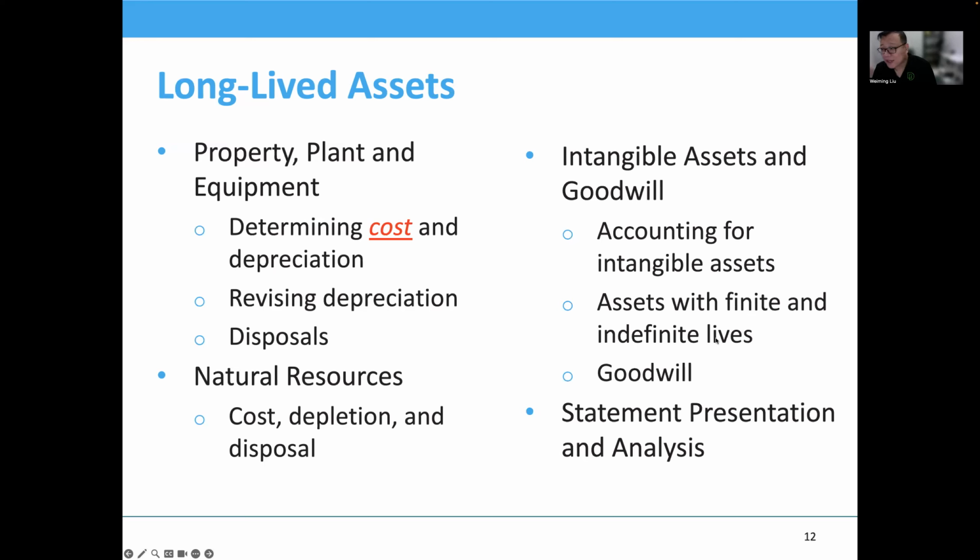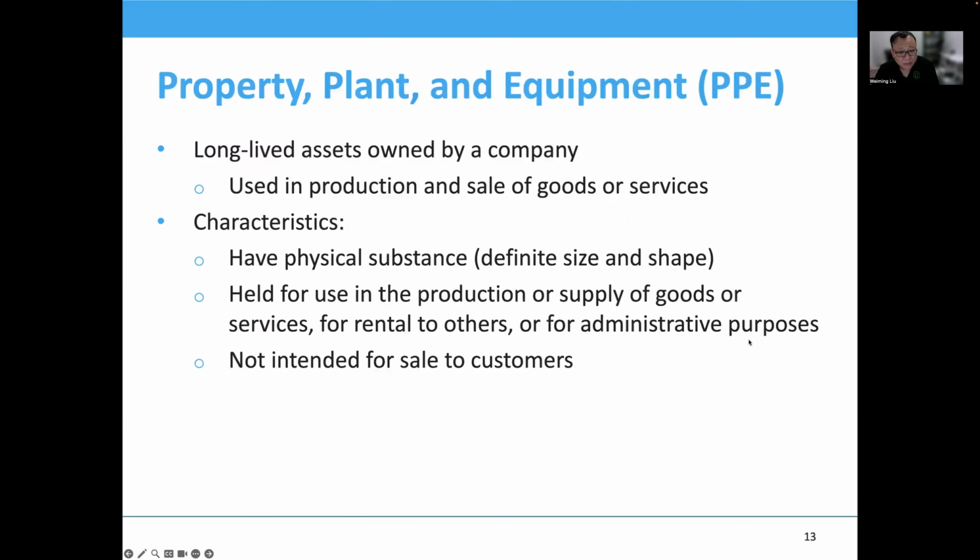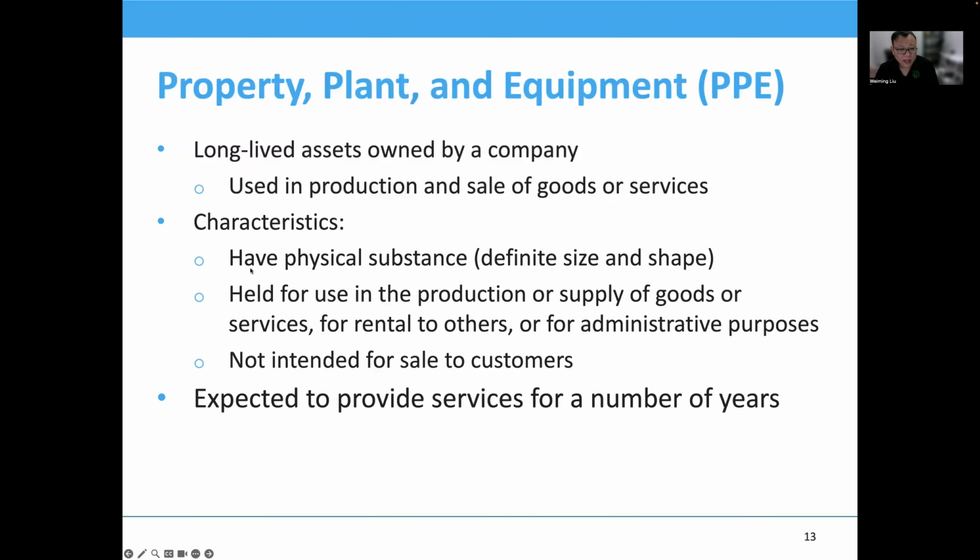Others have an indefinite useful life, so the accounting will be different for different assets.